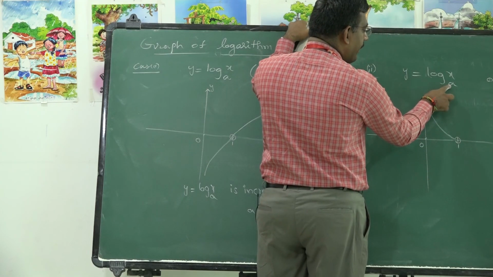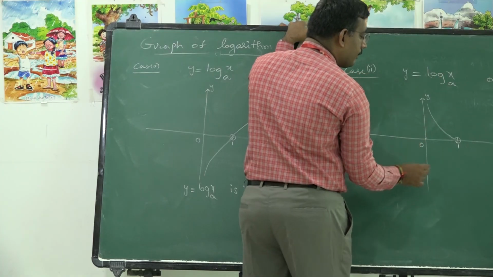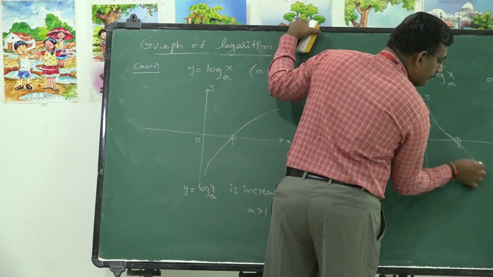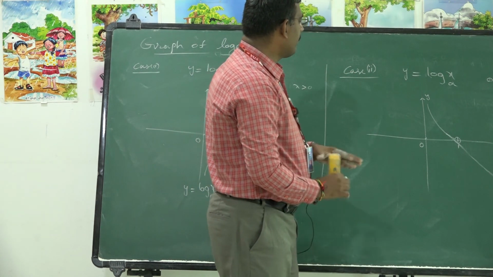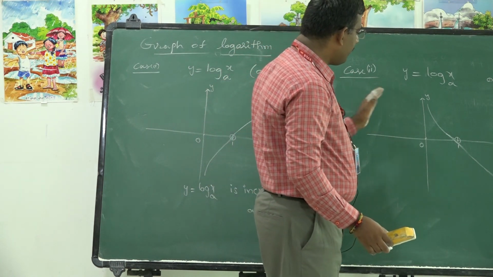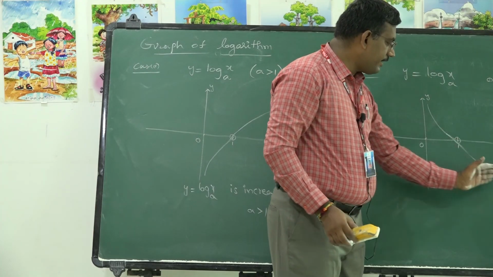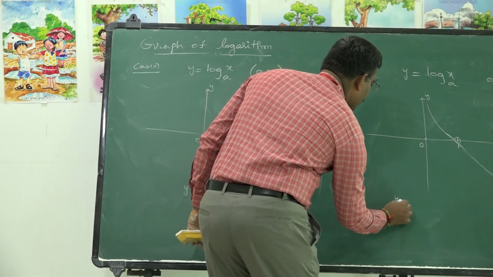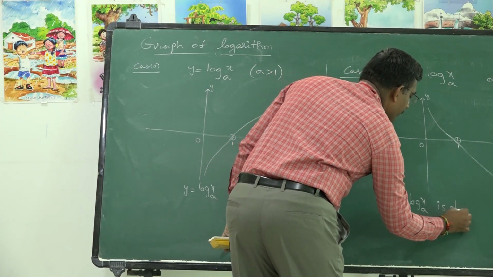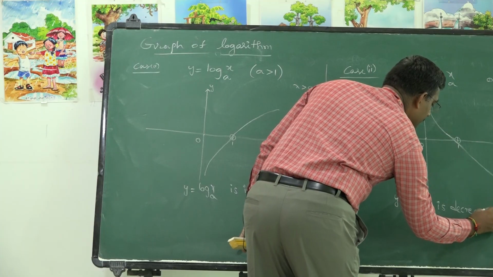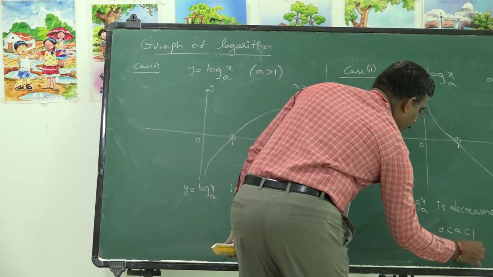If a is less than 1 but x is greater than 1, then the logarithm value is negative. Here the graph is decreasing from left to right. So y is equal to log x base a is decreasing when 0 is less than a less than 1.